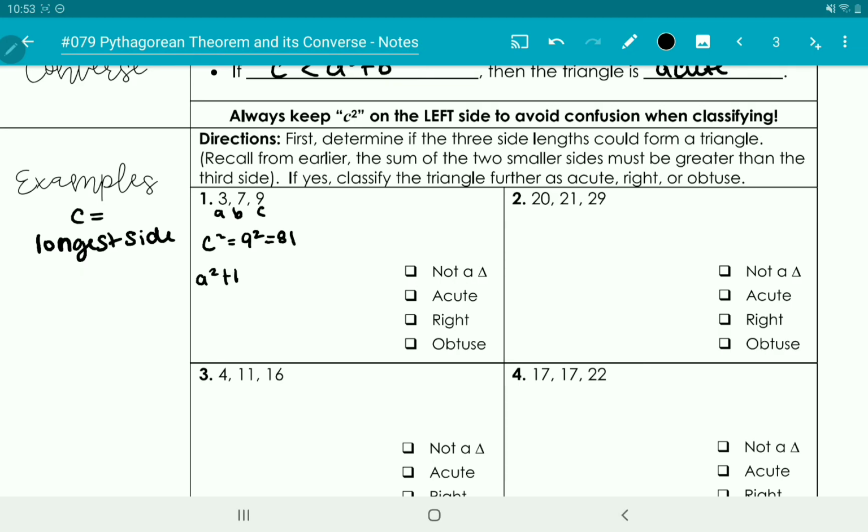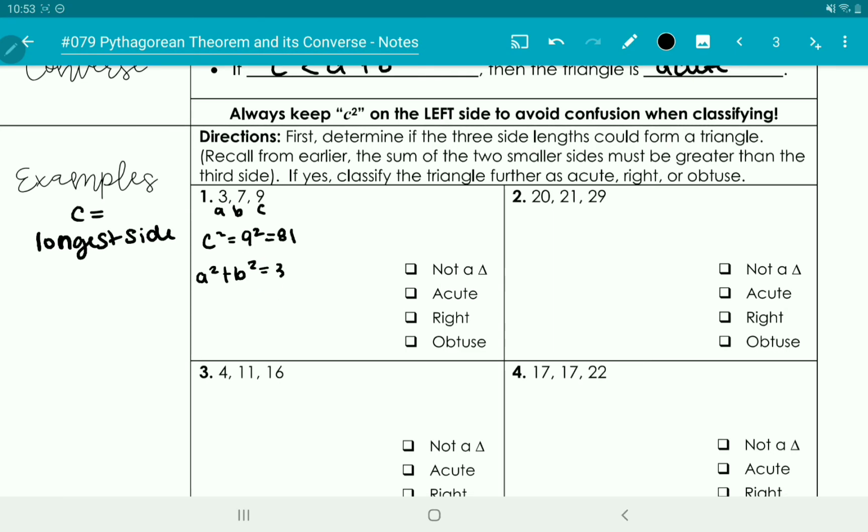Now we need a squared plus b squared, oh, I wrote two b's. That's going to be 3 squared plus 7 squared. So 3 times 3 is 9, 7 times 7 is 49. You add those two together, you're going to get 58.